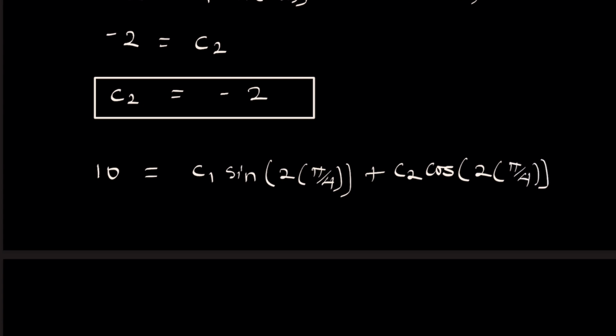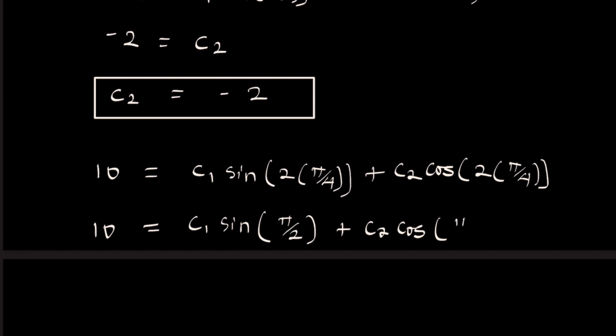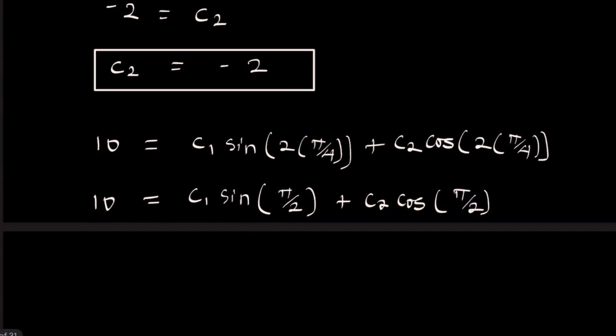Now let's simplify this. So we are going to have 10 is equal to c1 sine of, now 2 times pi on 4 is giving us pi on 2 plus c2 cosine of pi on 2.